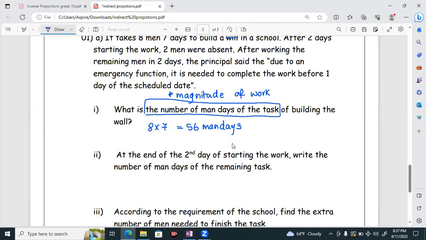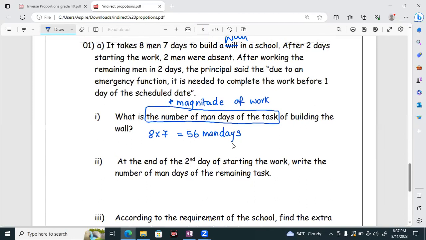At the end of the second day of starting the work, write the number of man days of the remaining task. Then at the end of the second day, for 2 days, 8 men have worked.